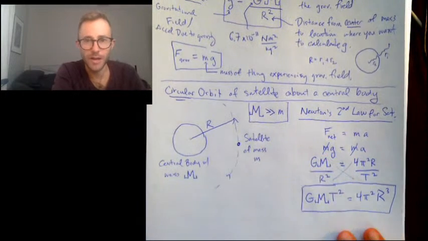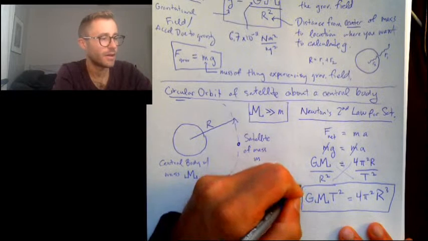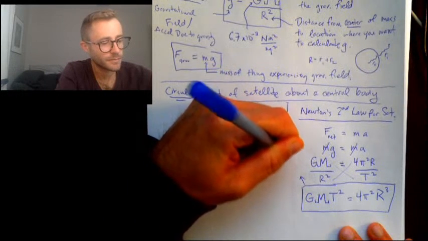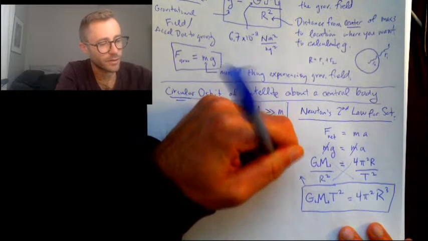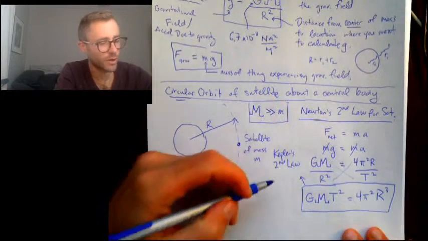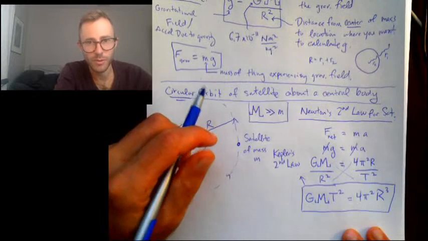So this is our main result for today, and it is called Kepler's second law. And towards the end of this lesson, I will talk about who Kepler was.